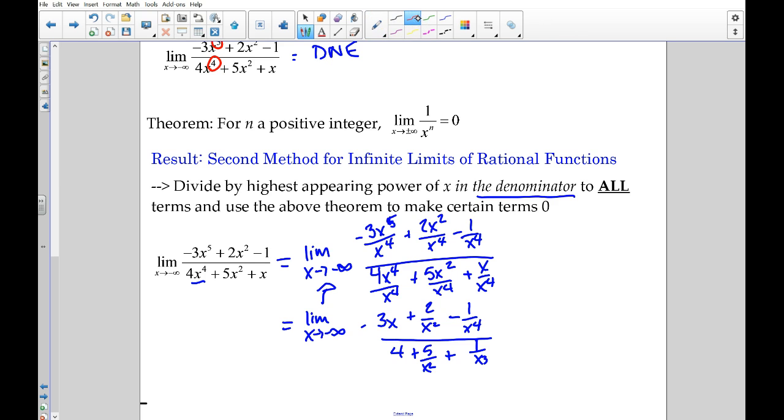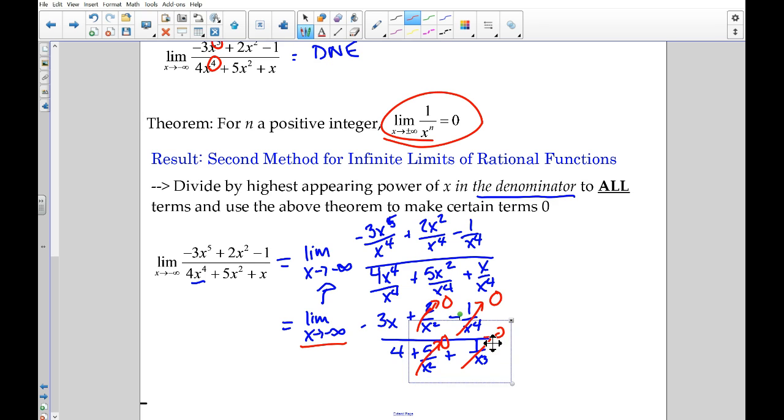When I do this, I apply the above theorem, and we're going to learn the limit laws, which allow us to do this more formally. These terms go to 0 because they contain a power of x in the denominator, and my limit is a form of infinity. So 0, 0, and 0.